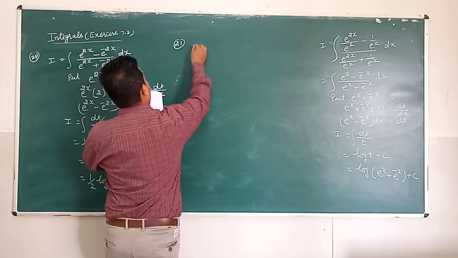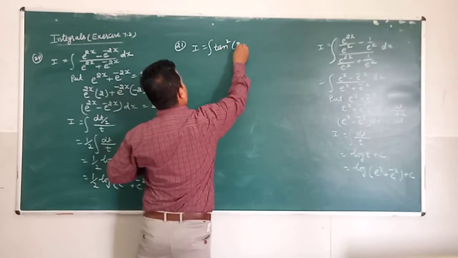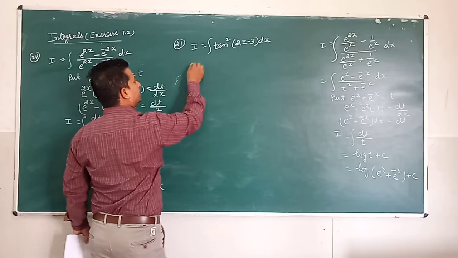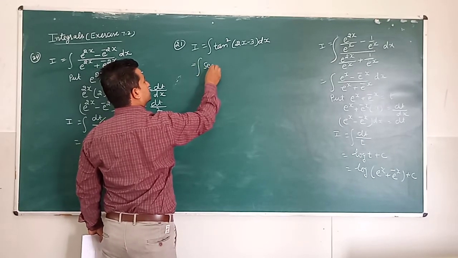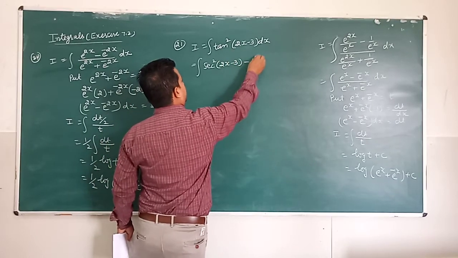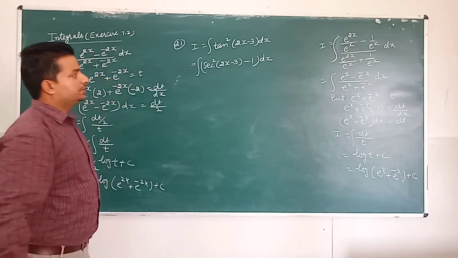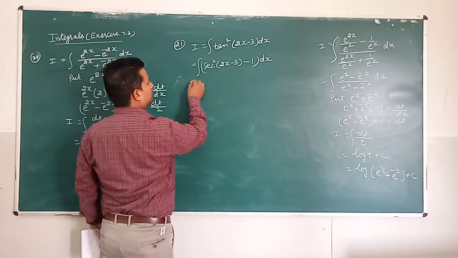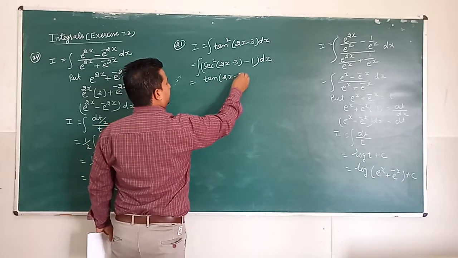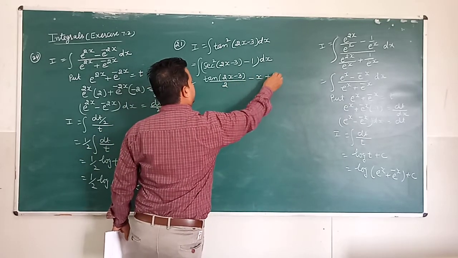In question number 21, I is equal to tan square 2x minus 3. As we know, there is no direct integration of tan square. So first we write tan square 2x as secant square 2x minus 1. This is the angle. So integration of secant square is tan divided by derivative of the angle, which is 2, and integration of 1 is x.